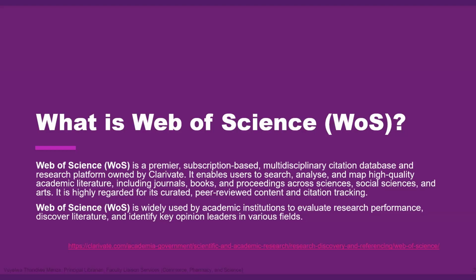Web of Science is a premier subscription-based multidisciplinary citation database and research platform owned by Clarivate. It enables users to search, analyze, and map high-quality academic literature, including journals, books, and proceedings across sciences, social sciences, and the arts.